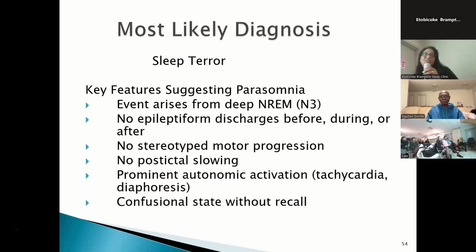Most likely diagnosis: sleep terror. Key features suggesting parasomnia: events arise from deep non-REM sleep, no epileptiform discharge before, during, or after, no stereotyped motor progression, no post-ictal slowing, prominent autonomic activation like tachycardia and sweating, and a confusional state without recall.